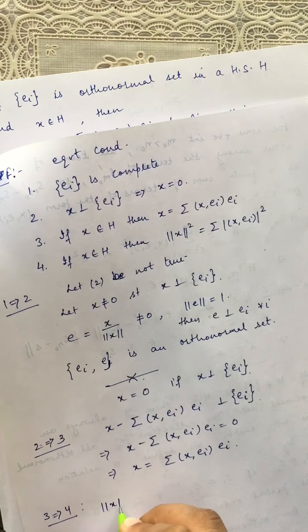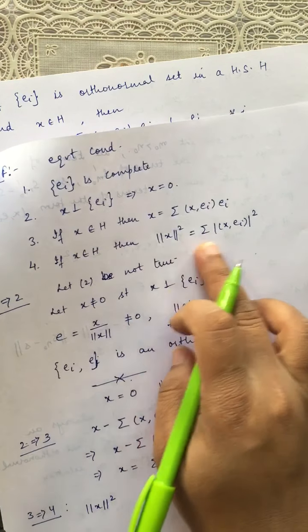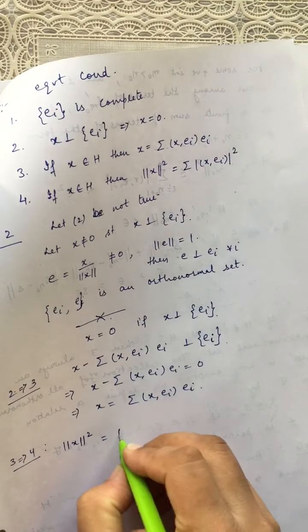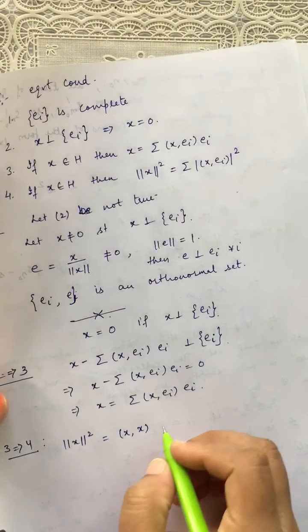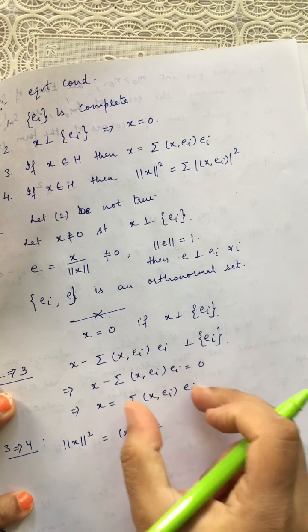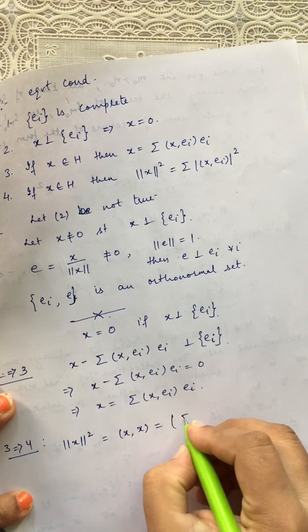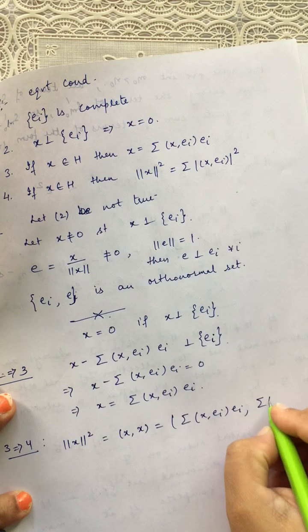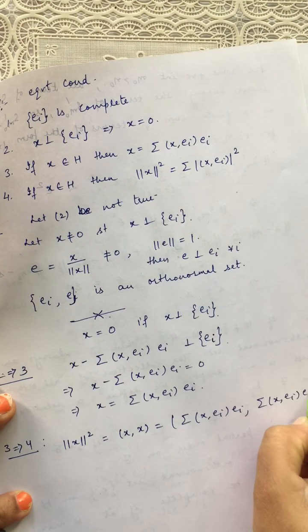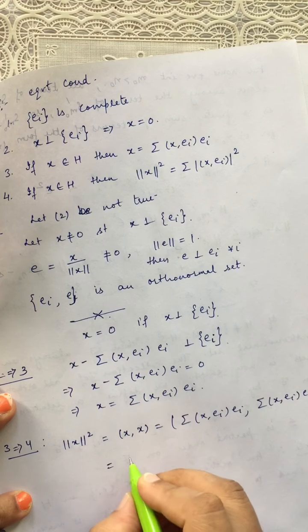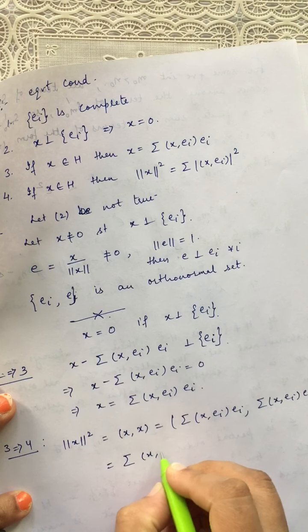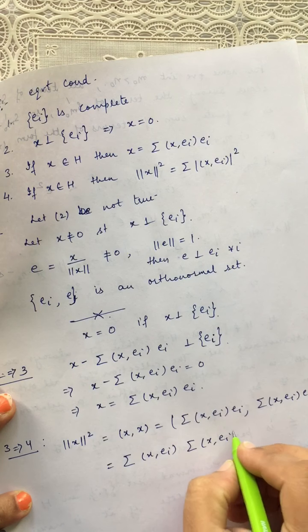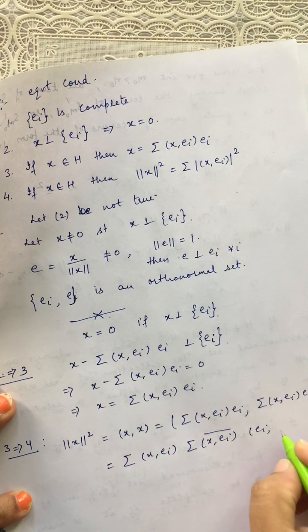Now we start here from norm of X, because we have to prove norm of X square is equal to this. So norm of X square is just the inner product of X with itself, and X is equal to this in the third part. So this becomes, now we simplify this inner product.